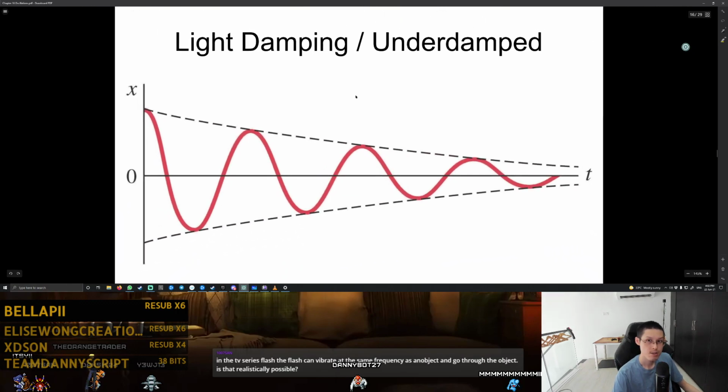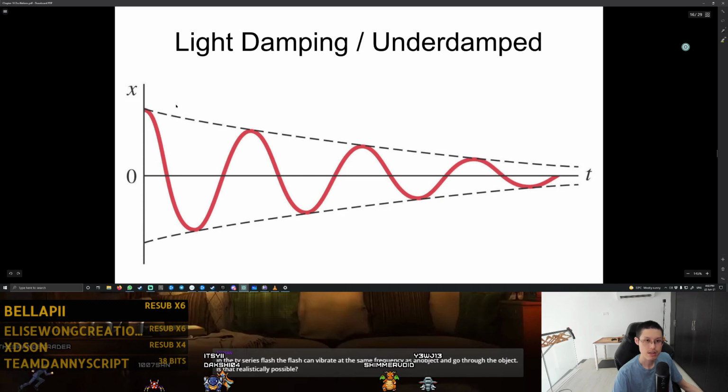There are three kinds of damping. You have light damping, where the amplitude of the object decreases exponentially, right? You can see the amplitude goes down slowly over time. If you join the extremities of the amplitude, you would actually get an exponential graph.